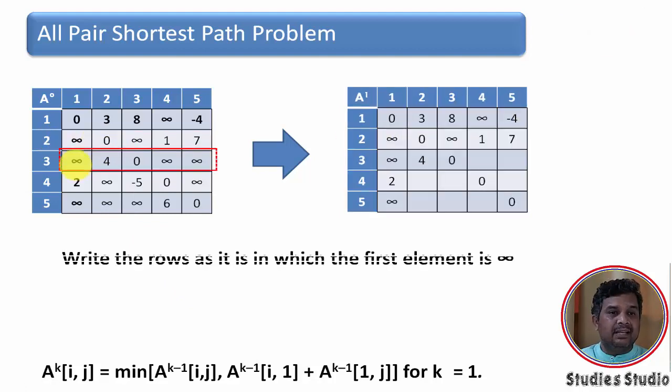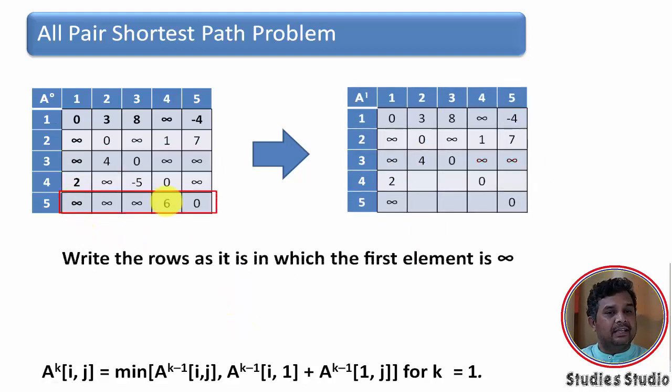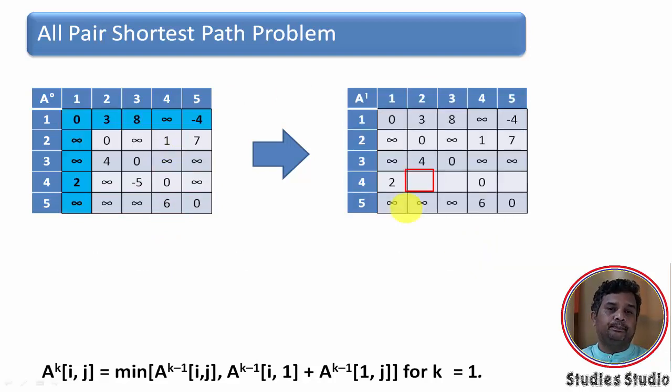The next row is this particular row, so the rest of the values I am also going to copy. The next row is this one. I am going to copy this row also. At the same time, you can see the fourth column also has infinity. I have to copy it, but we have already copied all those values here. Now we are going to find the values in the blank spaces.